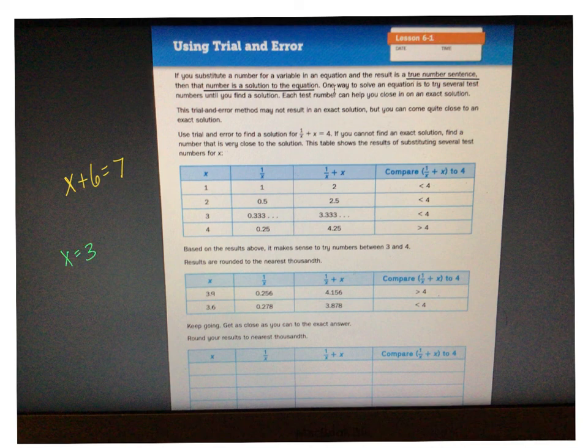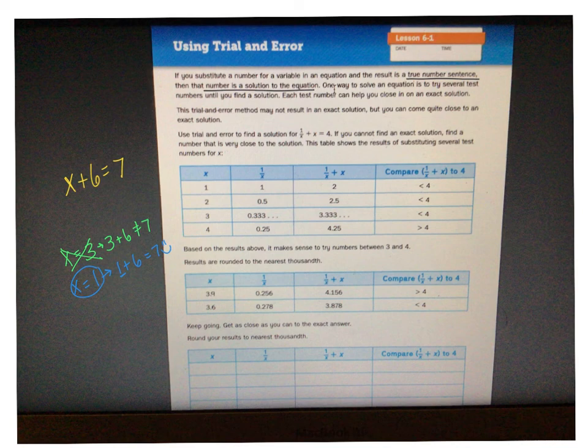If I put 3 in here, 3 plus 6 does not equal 7. Therefore, 3 is not a solution. Okay, so maybe I try x equals 1. And when I put 1 in there for x, 1 plus 6 does equal 7. Therefore, because it's a true number sentence, 1 is my solution.